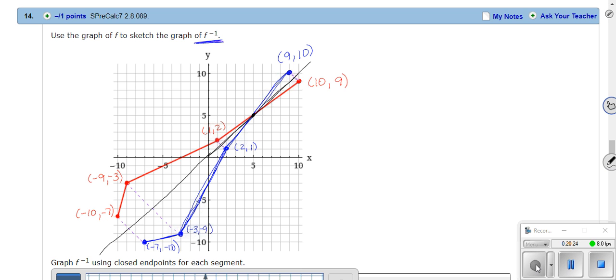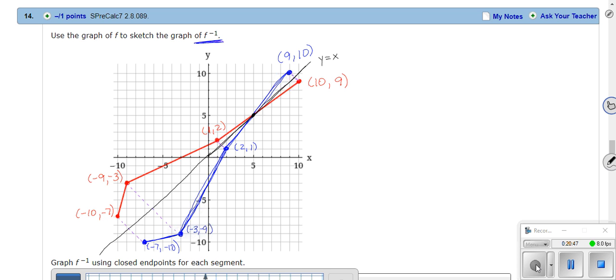If I were to fold the board on the black line, y equals x, those two should mirror each other. They are symmetric about the line y equals x. That's your typical line with positive slope of 1 going through the origin, 45 degrees.